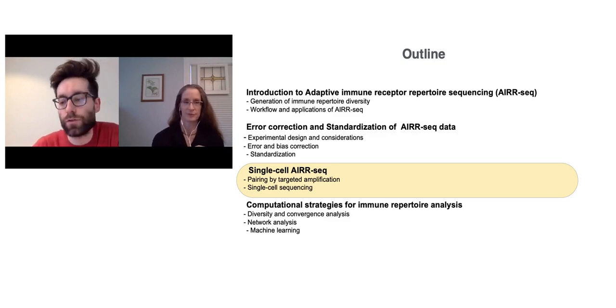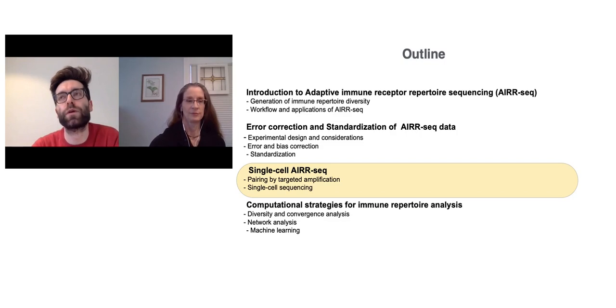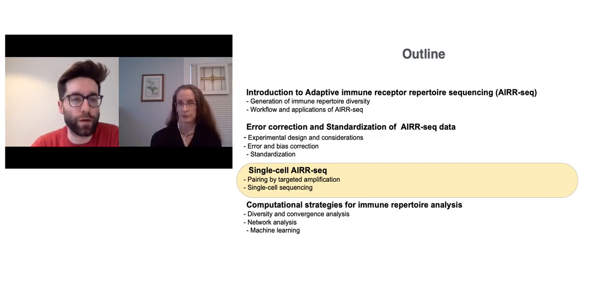And what we usually also do is we throw away all the singletons, just to be super strict. And this will not hurt you so much if you have oversequenced. Of course, UMIs can help if you have oversequenced a lot. And then maybe coupling this also to computational error correction using MiXCR, for example. Some people pronounce it either way.